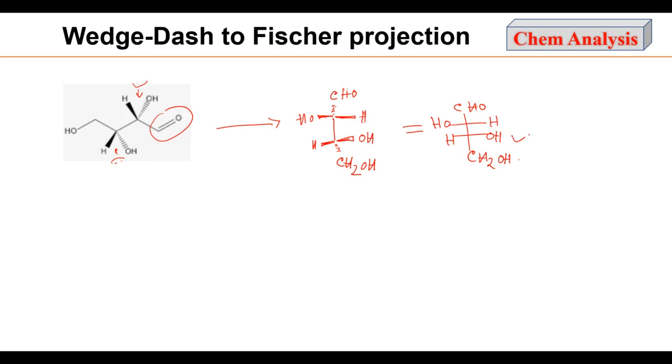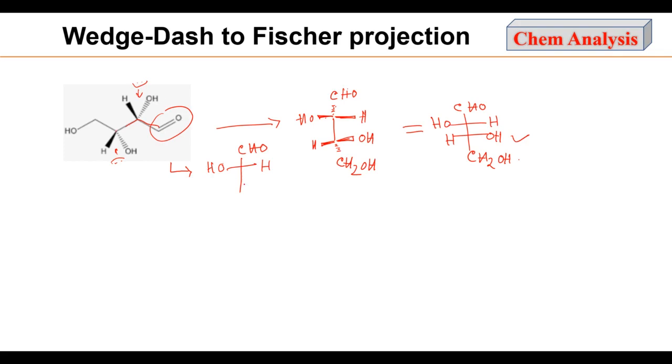this one. Now if we apply the trick, then we can see the CHO group will be vertical, and here the in-plane groups are opposite of V shape. So the group which is above the plane will go in the Fischer projection on the right side, as I said previously.